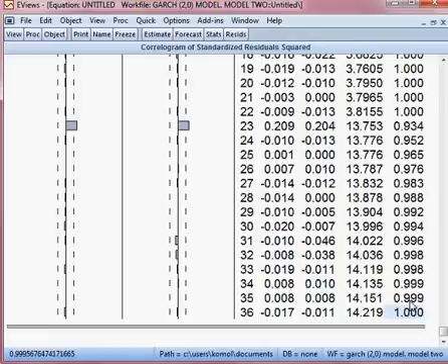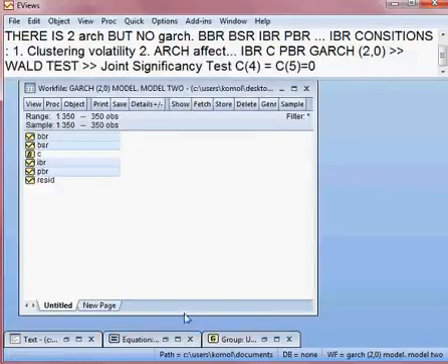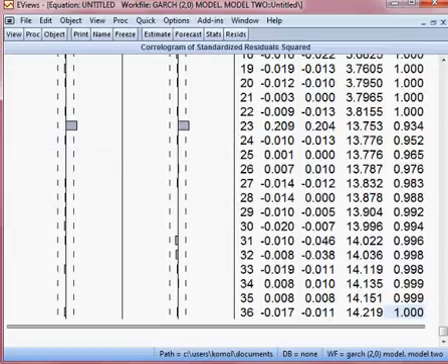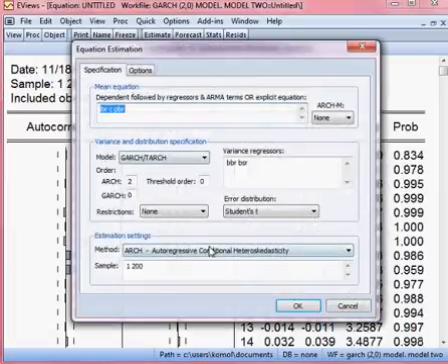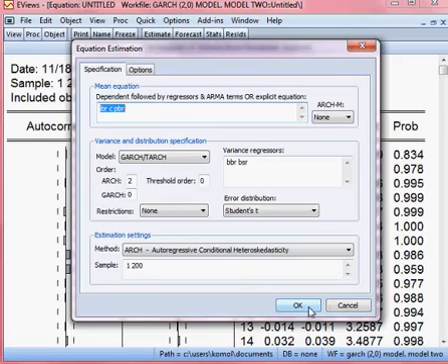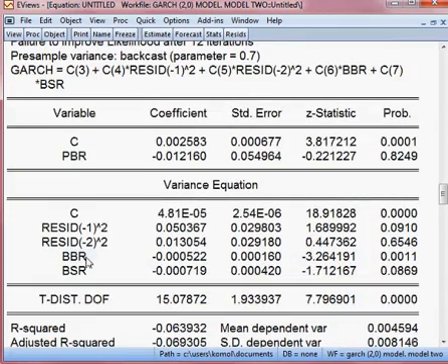cannot influence the volatility of the Indian bond return, but there is one variable that is an external shock, which is BBR, that is Bangladesh bond return.